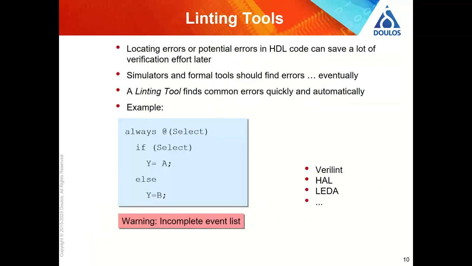Now, there's various tools that might be used in addition to just something like a simulator. One of the issues of some languages is that they are perhaps easier to make mistakes in than others. So a language like VHDL has strong checking that's done by the compiler. So in one respect, a language like VHDL is great for writing RTL code because if it compiles, there's a good chance it's going to work.